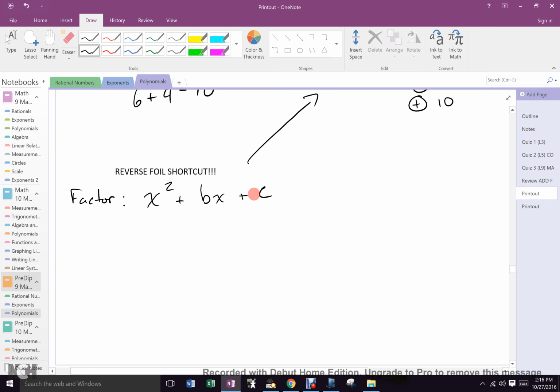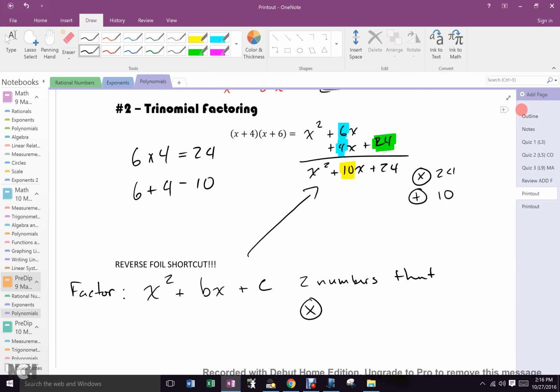If I was going to factor this, then what must happen? There must be 2 numbers that do what? Multiply to what? I'll show you the one that you've already worked out. They needed to multiply to 24 and add to 10. Now apply it to every trinomial. They have to multiply to what?